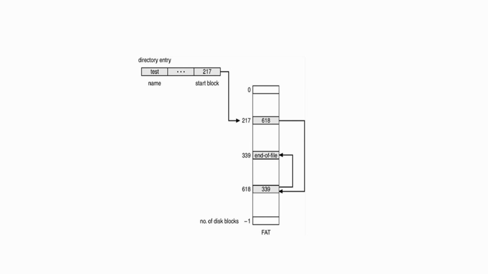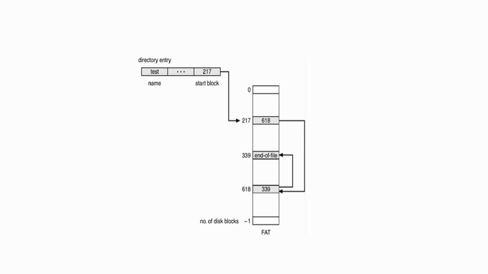And we do the same thing again to check whether there are any following blocks, and we can see that in entry 618 in the FAT, the value is 339. This means data block 339 is the follow-up block of 618.